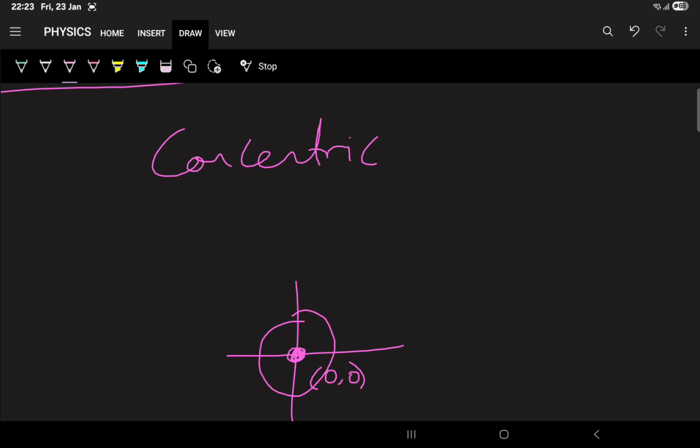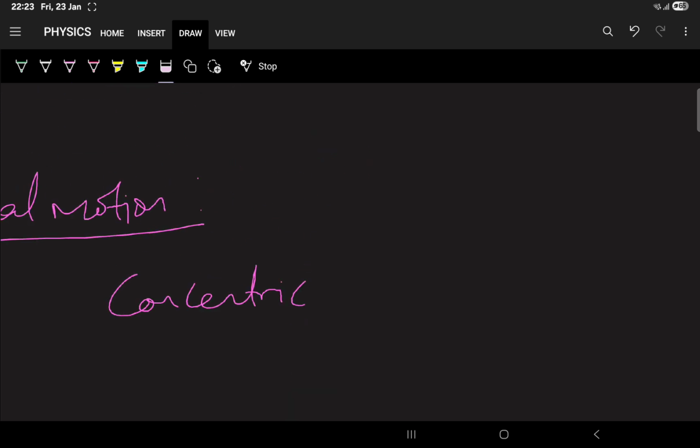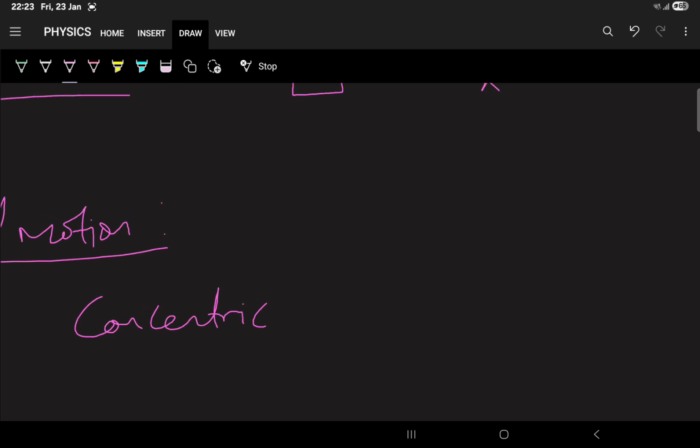Now, this origin in red, let's call it A. If circles are concentric, it means if I draw any other circle, its origin must also be at A, like that. While eccentric means they don't have the same centers. So that out of the way, rotational motion deals with all points of the body moving in concentric circles.